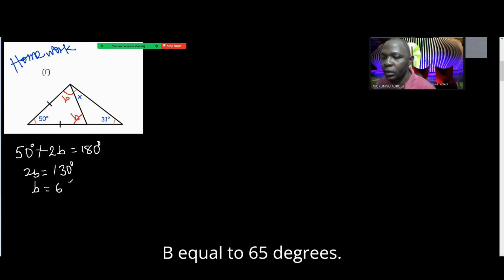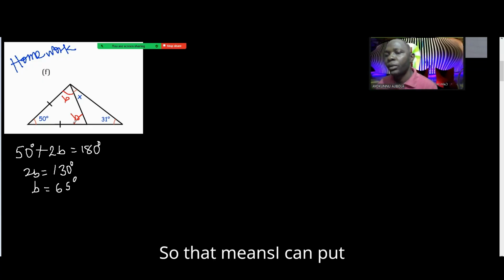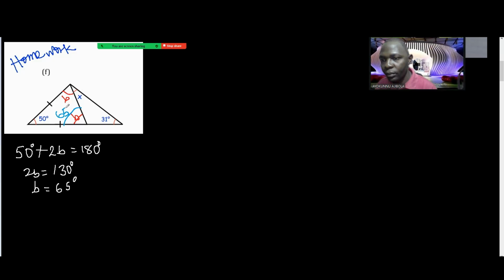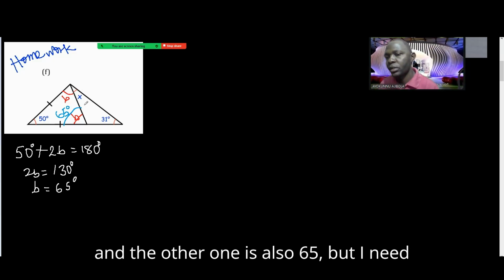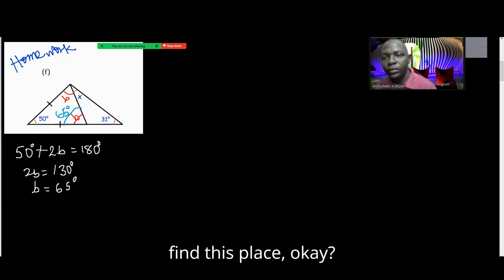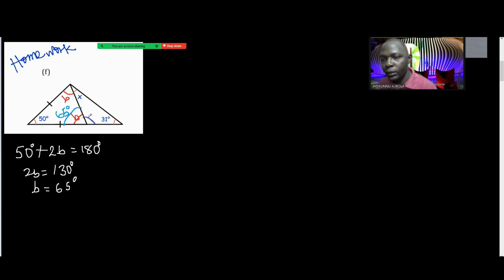B equal to 65 degrees. So that means I can put 65, that this angle is 65, and the other one is also 65, but I need only this one so that I can use it to find this place, okay?